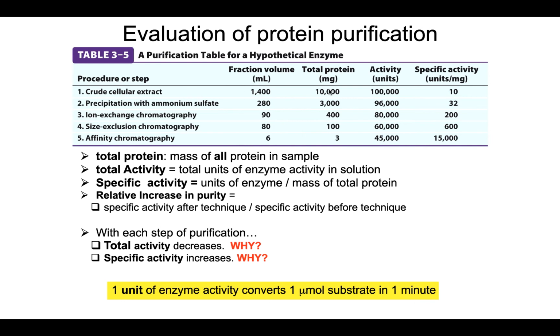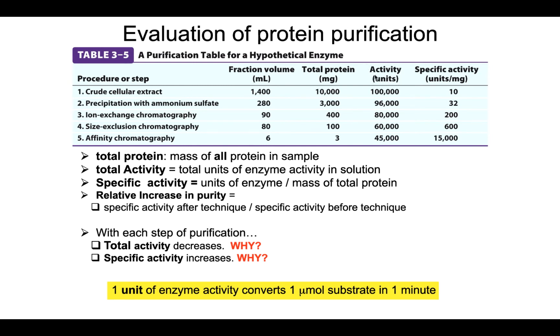Again, not just the protein we're interested in, but all protein. And take a look at this trend. As we go, we have less and less total protein. Next, moving on. Now, the activity.